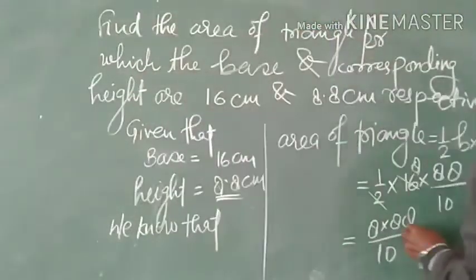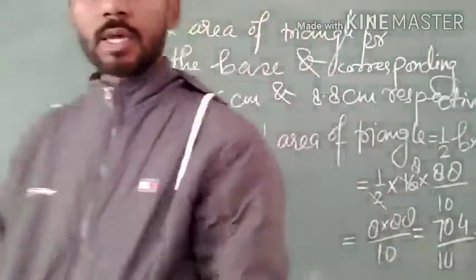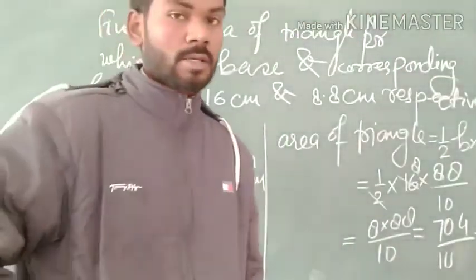When we solve, 8 eights are 64, and 8 eights are 64, and 6 gives 704 upon 10, which can also be written as 70.4 centimeter square. Therefore, 70.4 is the right answer.